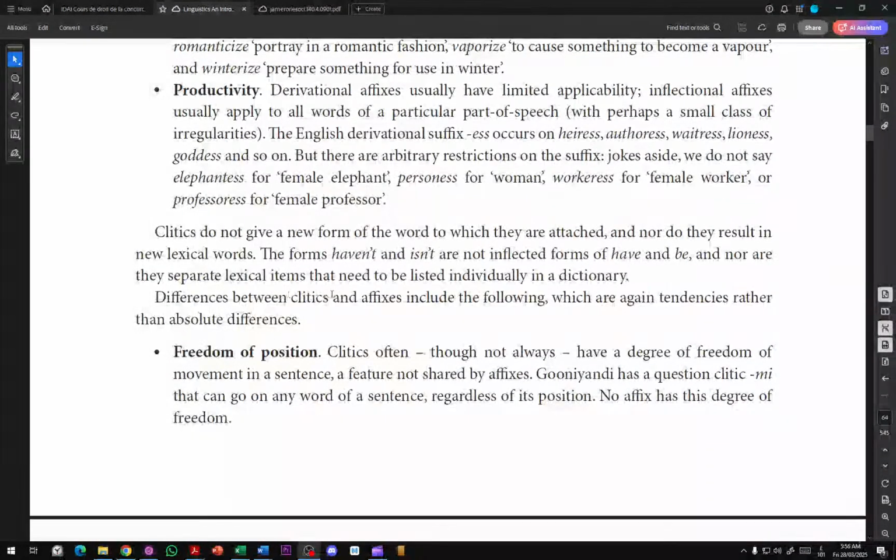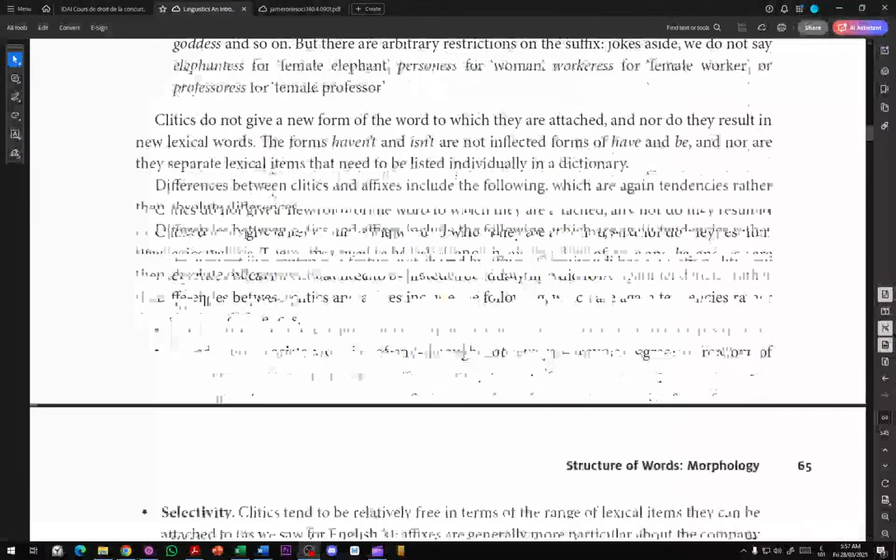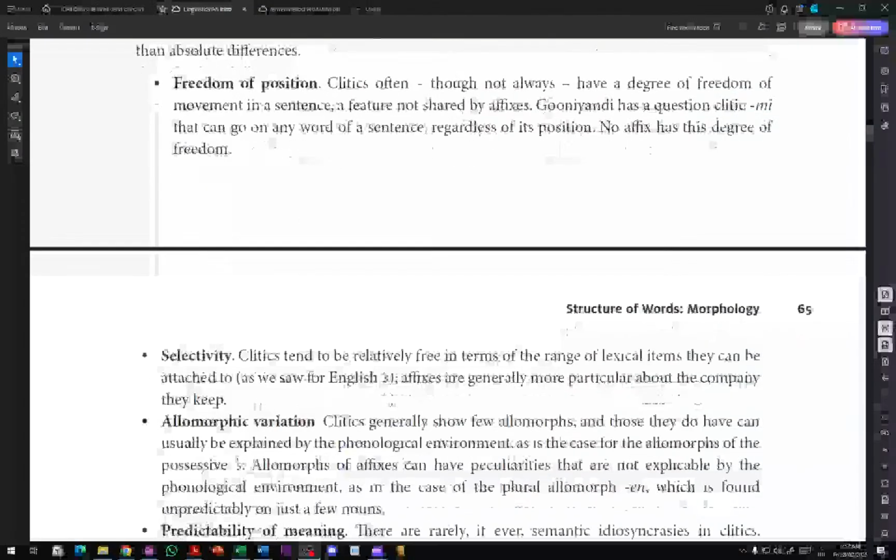Differences between clitics and affixes include the following, which are again tendencies rather than absolute differences. Freedom of position.